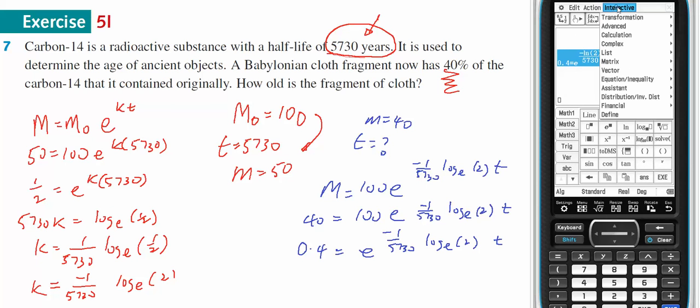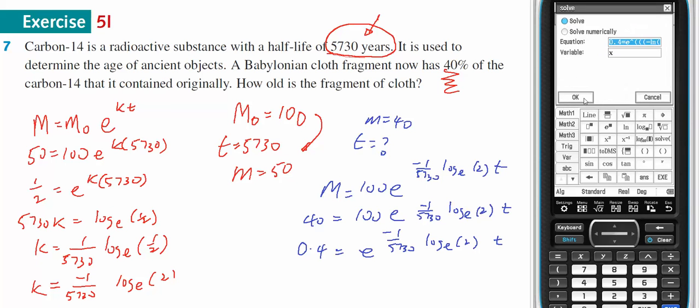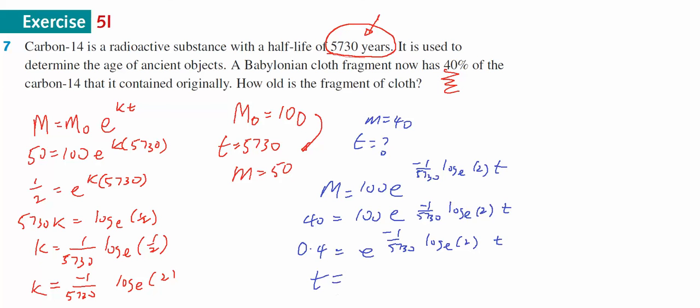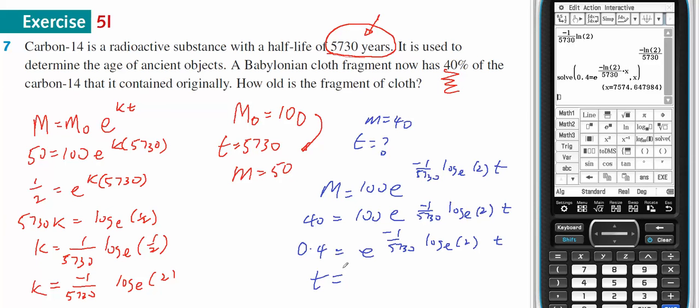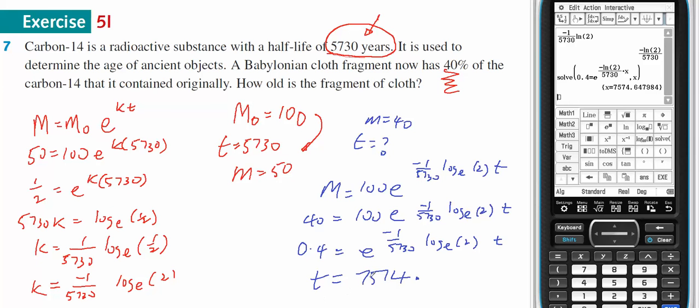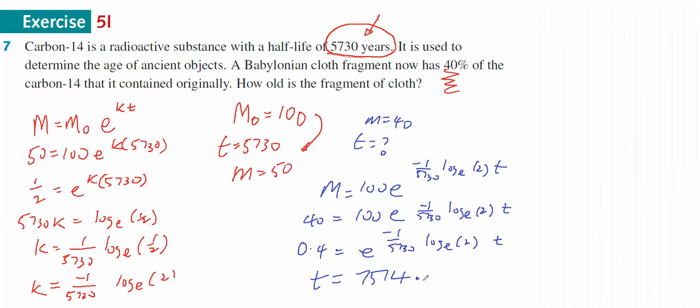Do that again, Interactive, Advanced, Solve, and solve for x in my particular case, and there's my value for x, which is t equals 7574.65 years old.